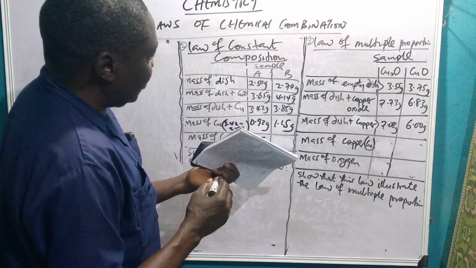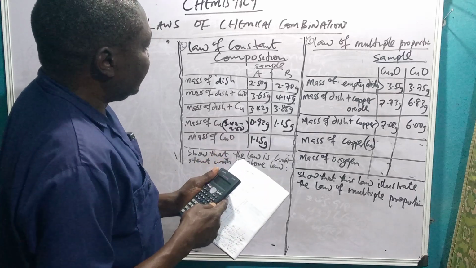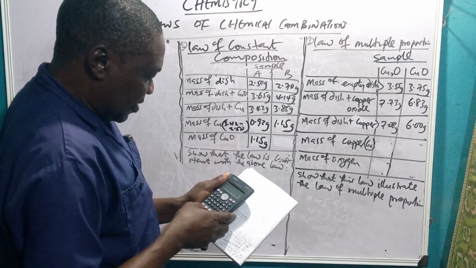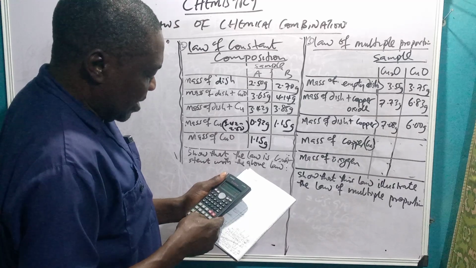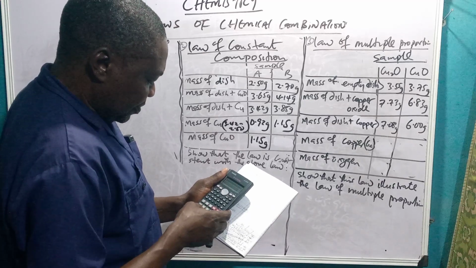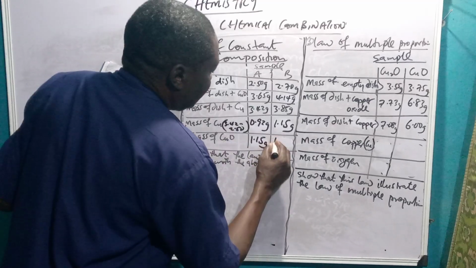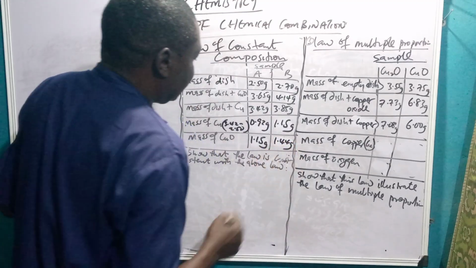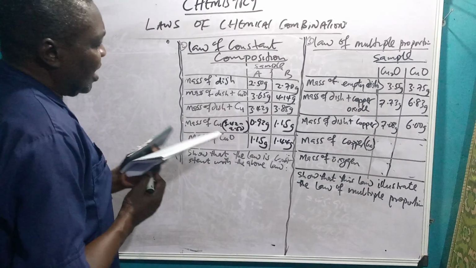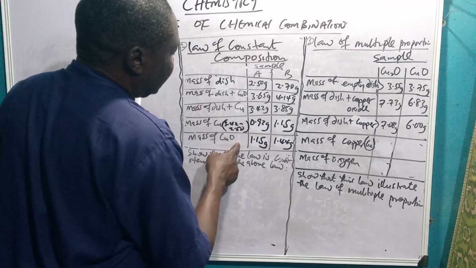Do the same thing to the other one: 4.14 minus 2.70 gives you 1.44 gram. So the next thing you have to do is to calculate the amount of copper in this sample.